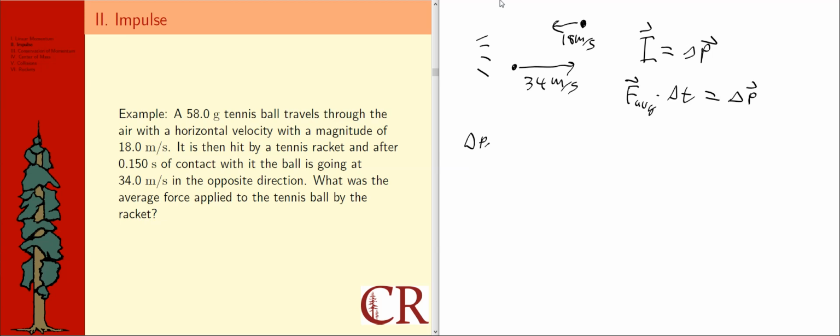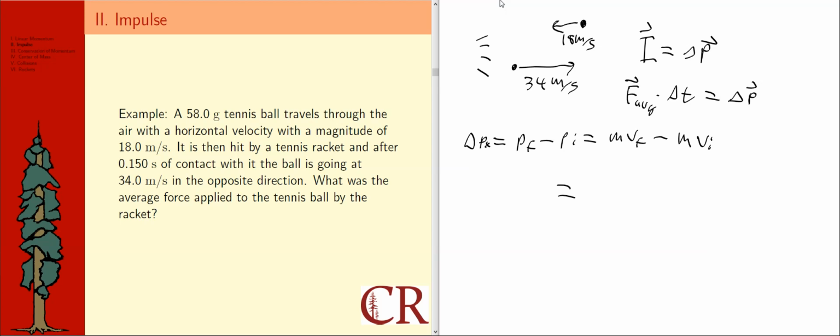Maybe I could assume we have a standard x, y coordinate system, and I've drawn this with initial velocity in the negative x direction to the left, and then final to the right. So the change in momentum is p final minus p initial, which is the mass of the tennis ball times the final velocity minus the mass times the initial velocity.